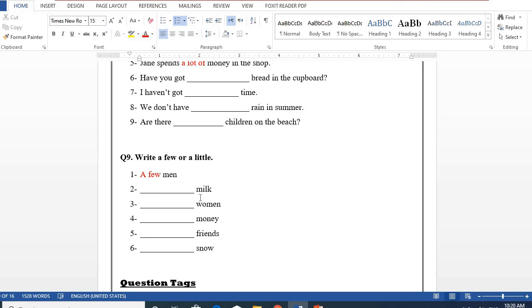It couldn't be added to a or an or a number. So, a little milk. Women. Women is a plural noun because the singular is woman. I made it plural by saying women, so it is a countable noun. So I'll say a few women.